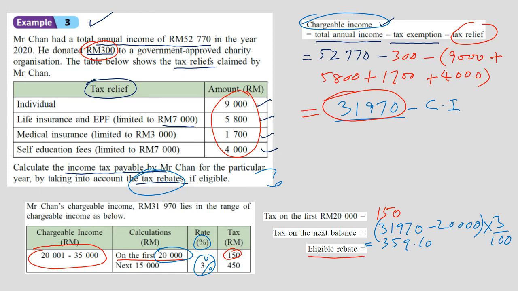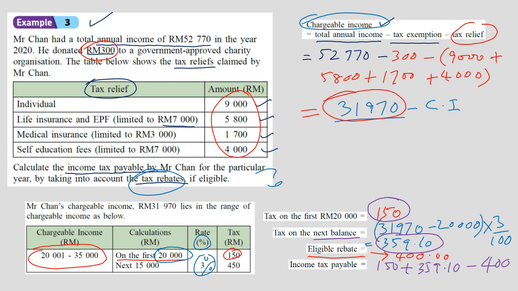Okay, so the eligible rebate is how much? It is actually 400. So for the income tax payable, the first 20,000 you plus with the next balance, 150 plus 359.10, and then you minus the tax rebate.